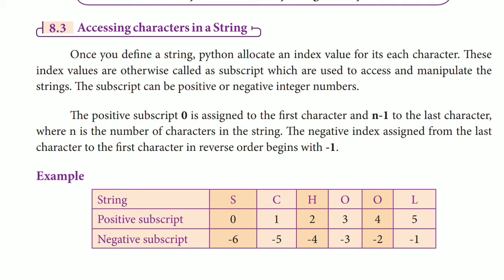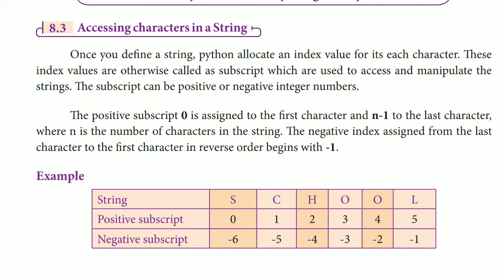Negative subscript means it will be in reverse order. Minus 1 is allocated at the right side corner, and minus 6 is at the left side corner. If you want reverse order, then you can use this negative subscript value.